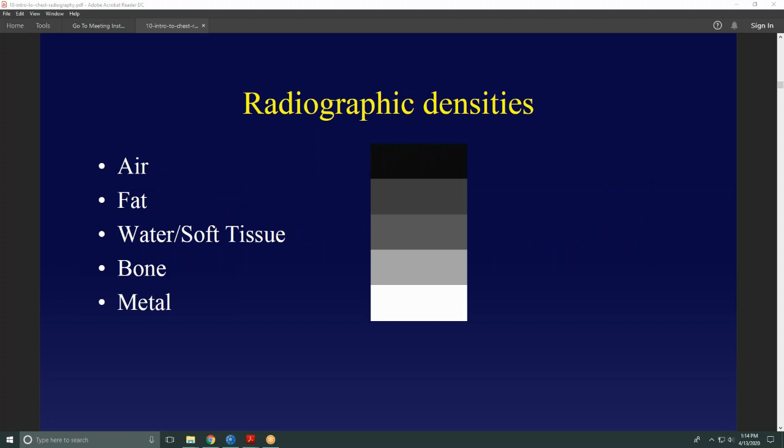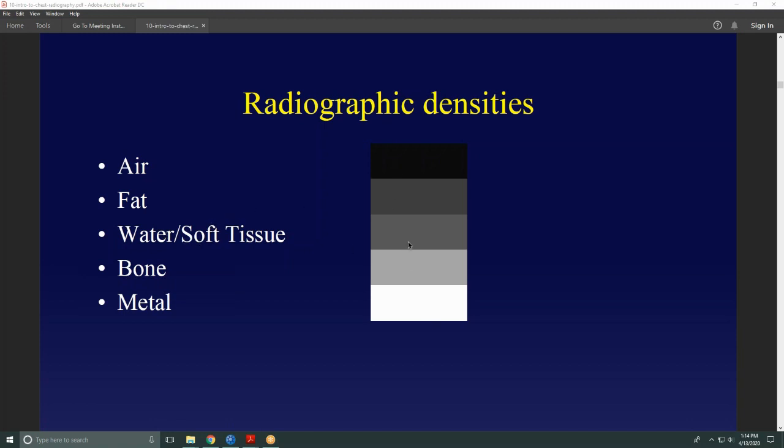Air is very similar to vacuum in that it absorbs virtually no X-rays, so you'd have the most X-rays passing through, and that would correspond to that area being dark. Fat absorbs X-rays, but not very strongly, so that would be the first shade of gray going from black to white.